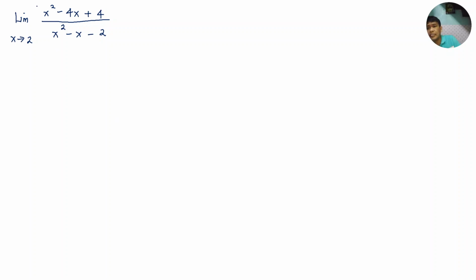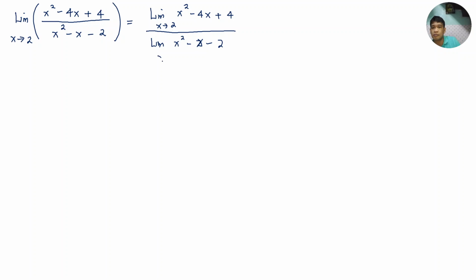If we look at it, this is equivalent to the limit of x squared minus 4x plus 4 as x approaches 2, over, if we apply the principle, the limit of x squared minus x minus 2 as x approaches 2.